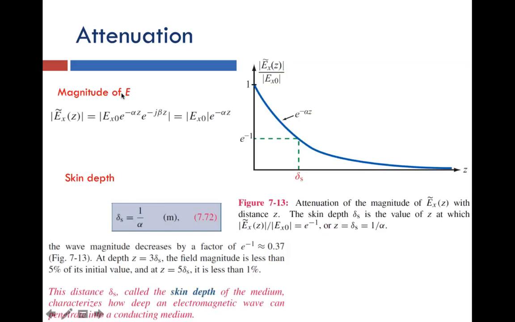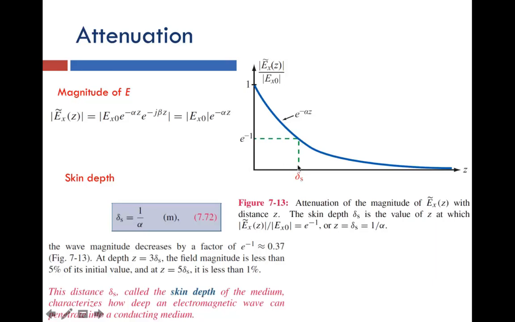So if we then look at the magnitude of E, which means that this traveling wave part will average out, and we're just looking at the magnitude of the phasor E, the amplitude starts at 1 and then it decays, and it decays as e to the minus alpha z. So it is as if the wave entered the material here at z equals 0.